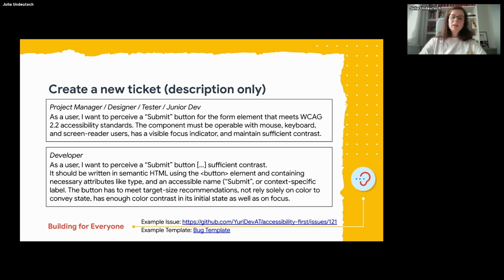So it would be the bare minimum that these members of development teams know about accessibility or know about a button, and how to provide information for a developer in a ticket so they can understand to create a new button.